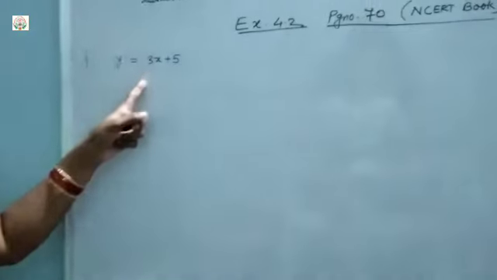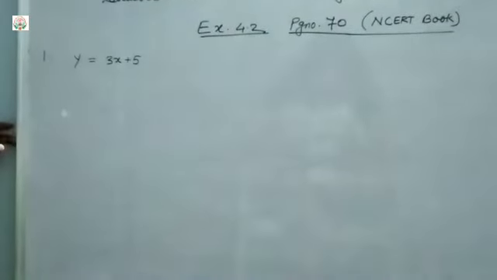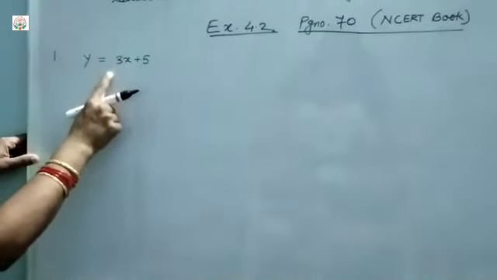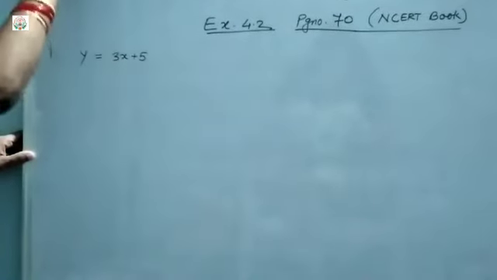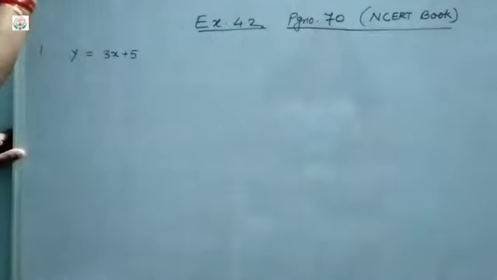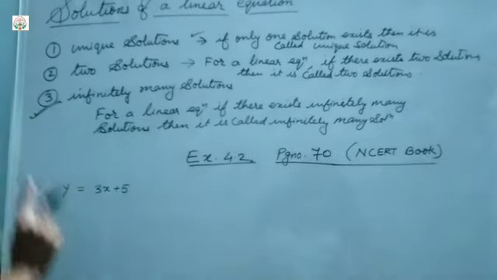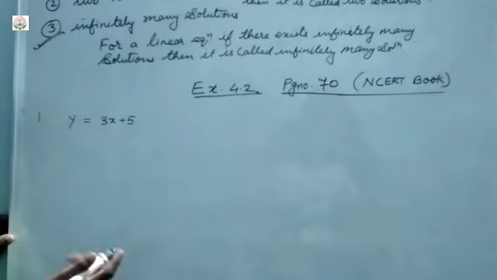Whether it has only one solution, two solutions, or infinitely many solutions. You have to find for this particular linear equation whether you have only one unique solution or two solutions or infinitely many solutions. Okay, now check it out by assuming the values.